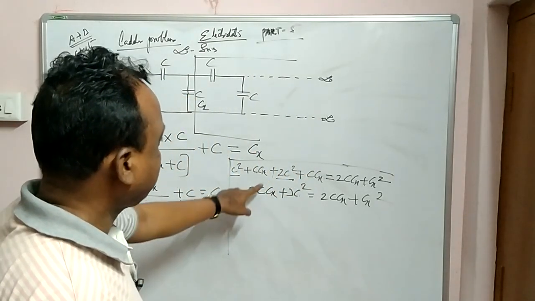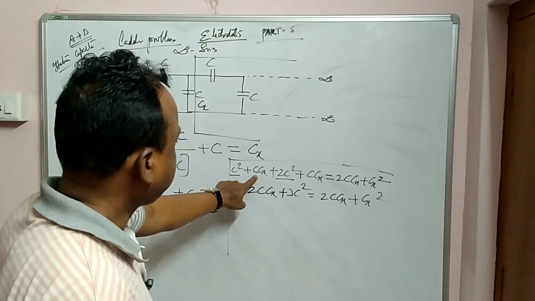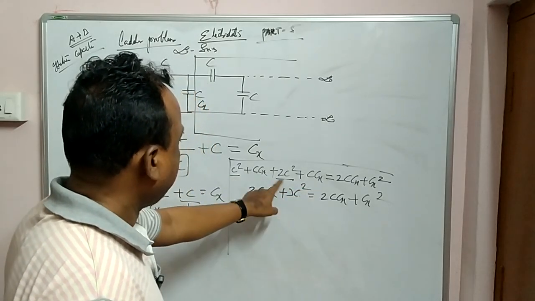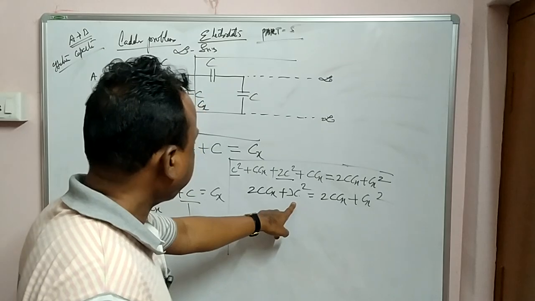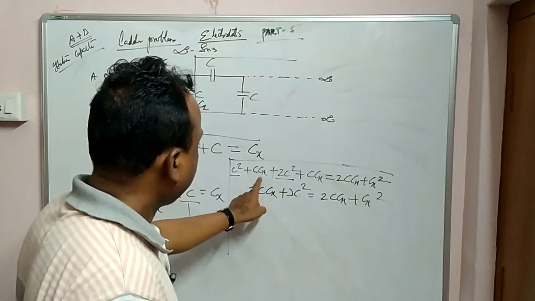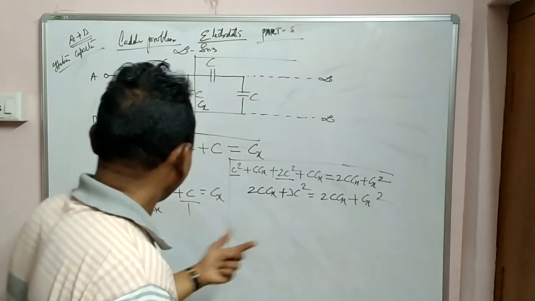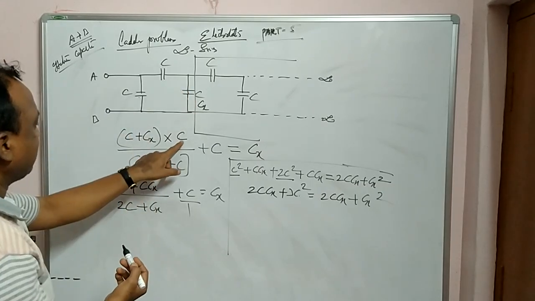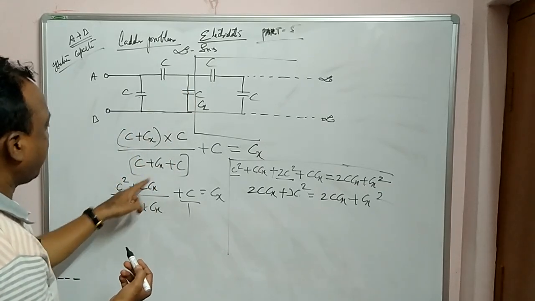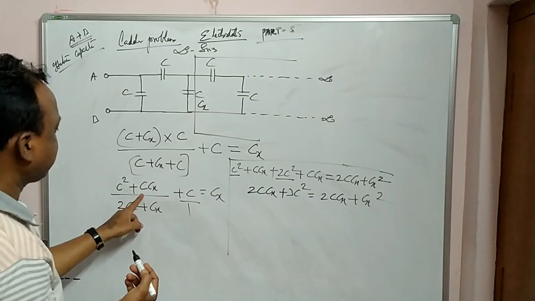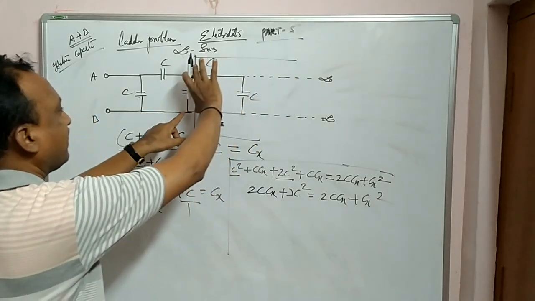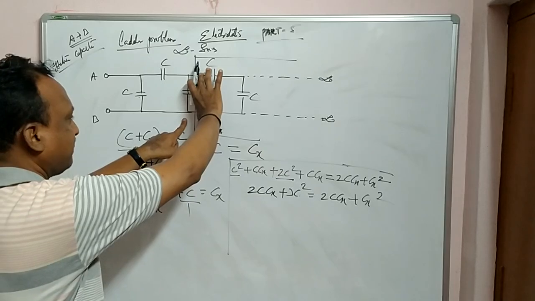Let us see whether it is right or wrong. Here CCx, 3C square, 2CCx, Cx. I have done something wrong here. Let us take it up once again from the beginning. C into (C square plus CCx) by... here I thought this one is the Cx value.